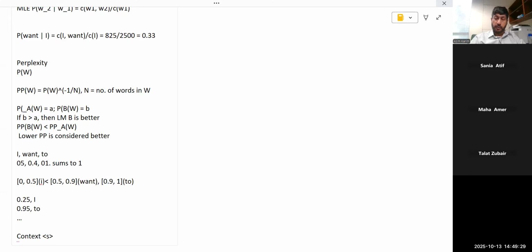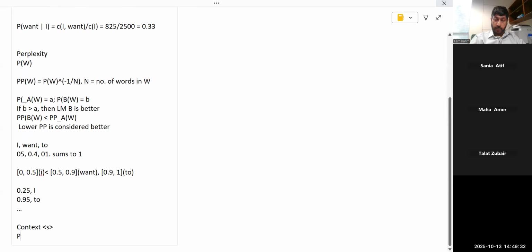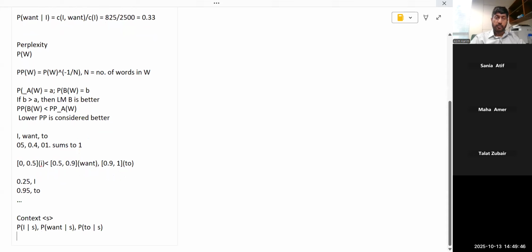But then, of course, for this context, in other words, I'm trying to find the probability of I given S, probability of want given S, probability of to given S. और वो probability वही हो सकती है या कोई और हो सकती है. Just take an example 0.4, 0.4 and 0.2. इसी तरह इसका भी बनेगा PMF, probability mass distribution. यूनिट इंटरवल में आप इसको बना दें, and then you generate a random number between 0 and 1 and see which one is generated.